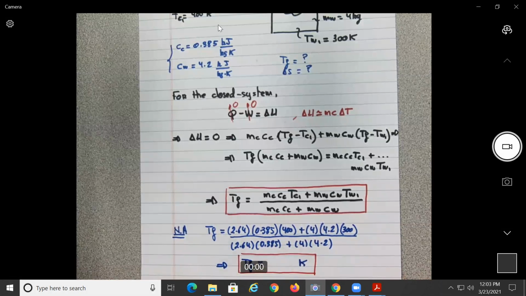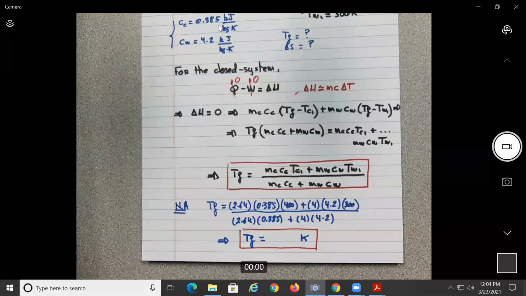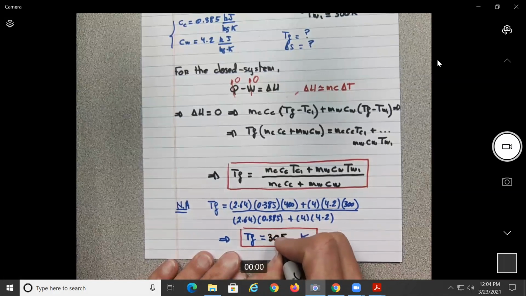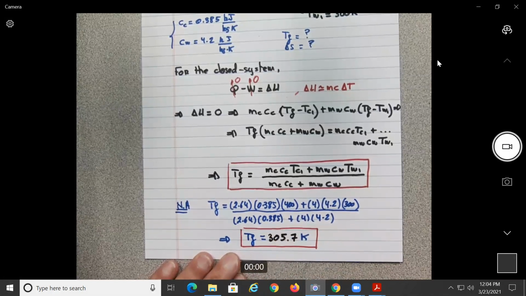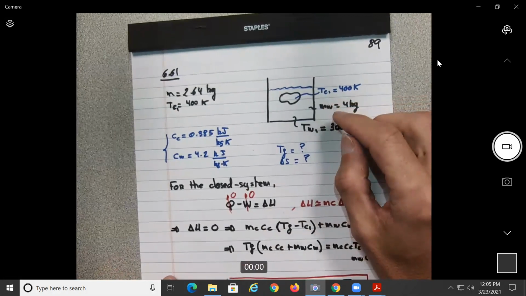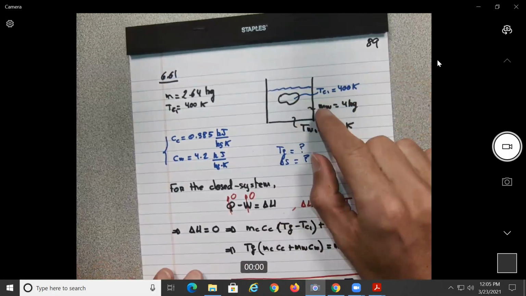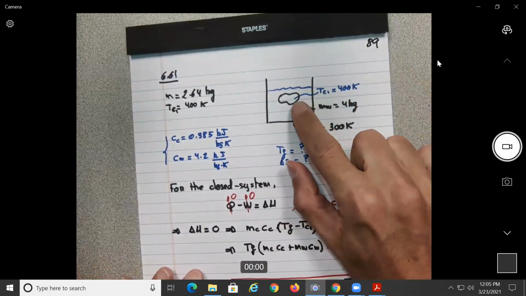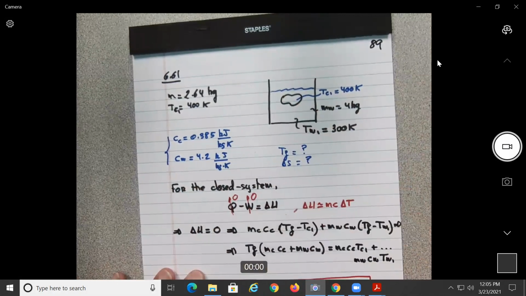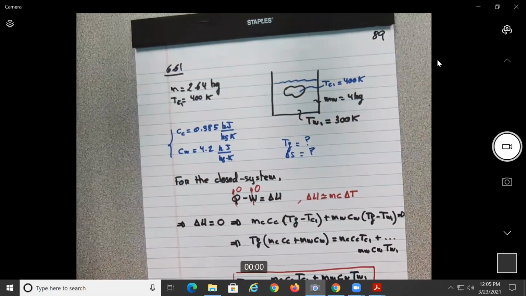So go ahead and do the calculation, please. 305.7? Yes. 305.7 Kelvin. Okay, so now, on this system, if we don't do any work, you put the copper that was at 400 into the water, and it ends up with a temperature of 305.